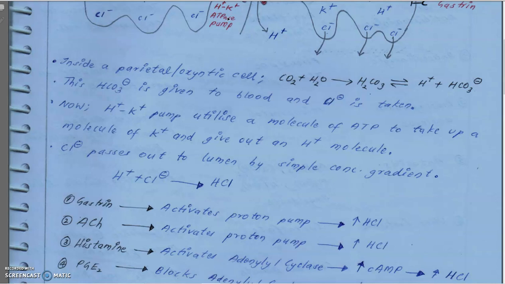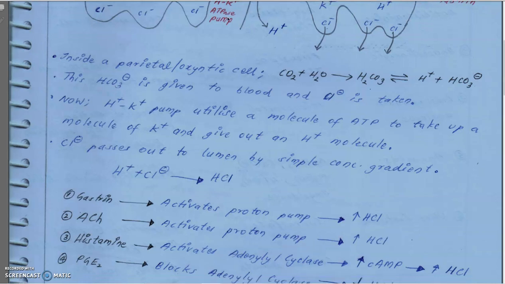Acetylcholine or muscarinic receptors. We know the muscarinic system or the parasympathetic system always helps in feed, breed, digest, and the resting phase. So HCl is needed for the digestion, so they will be helping and increasing the production of HCl.